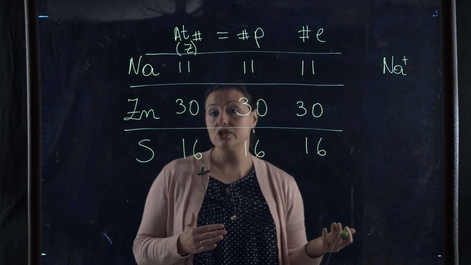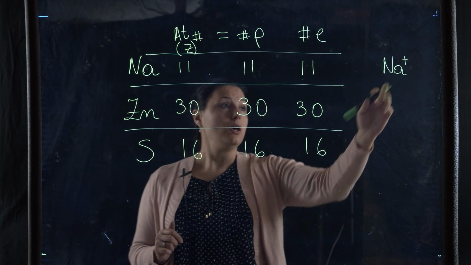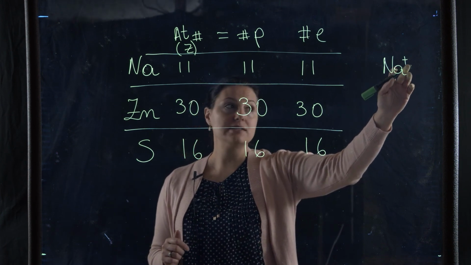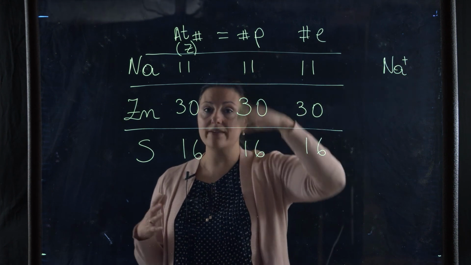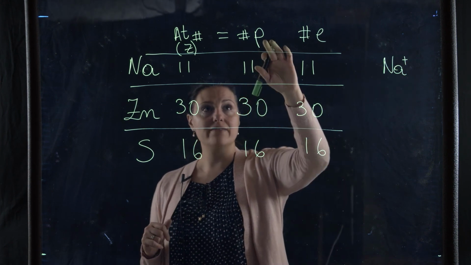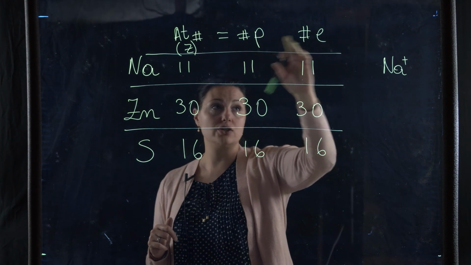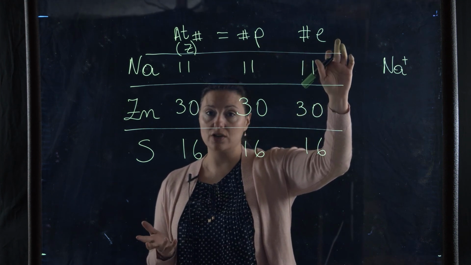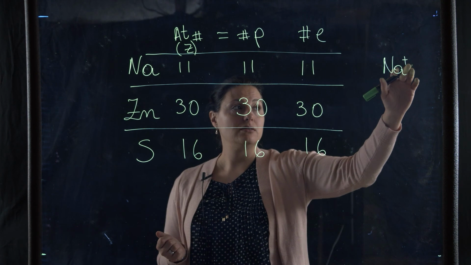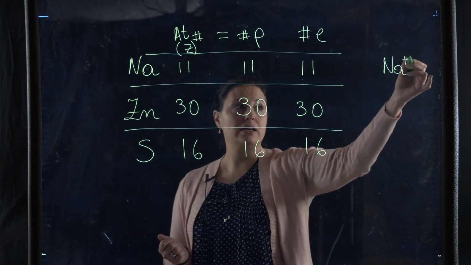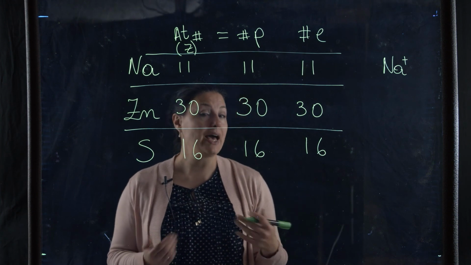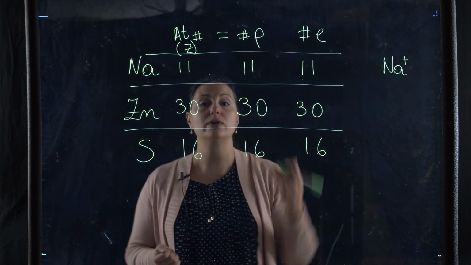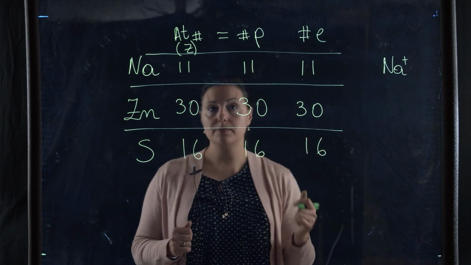However, it changes in the number of electrons. This plus here tells me it's a positive ion, so I have more positive charge than negative charge. I don't have it written out here, but it's implied that it's a 1+, and the number there tells me how many more protons I have versus electrons.